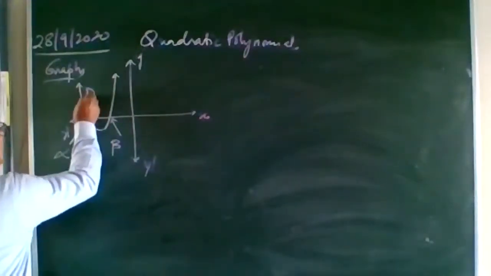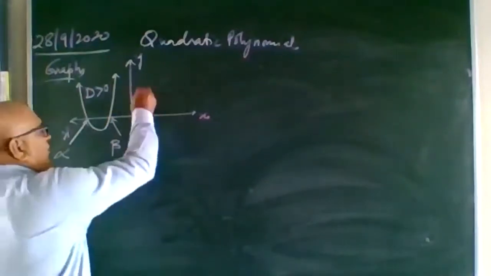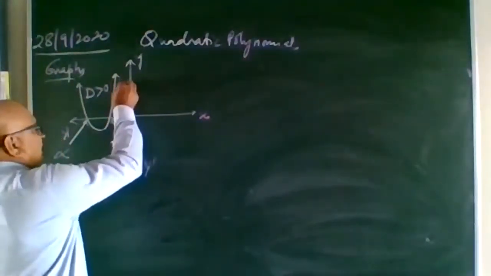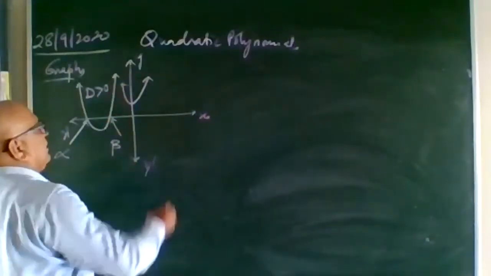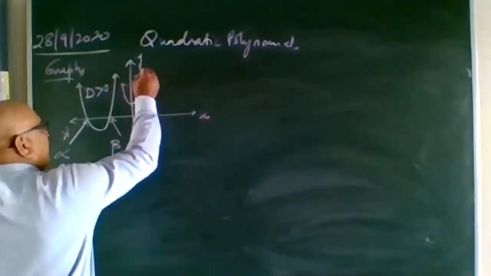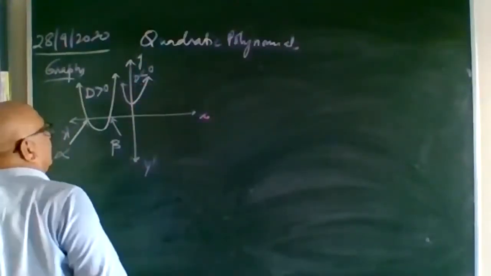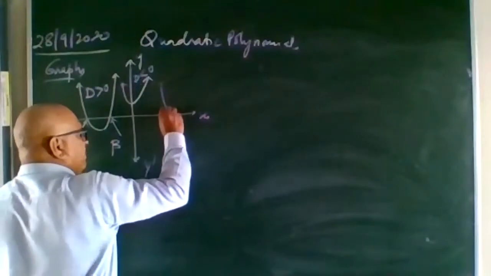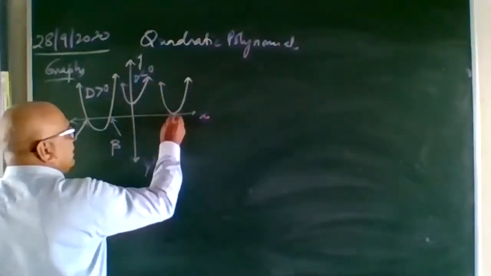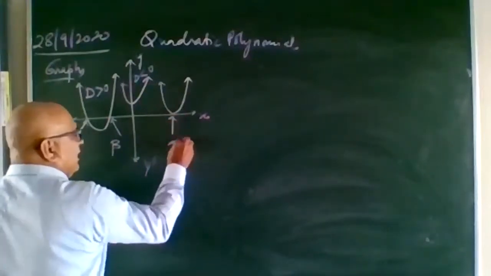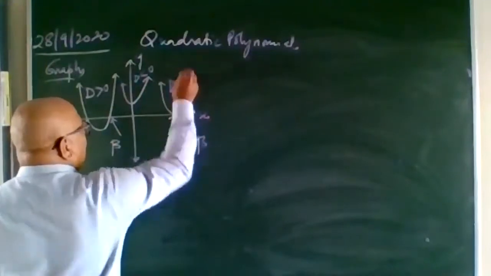D greater than 0. Here D less than 0. Here alpha equal to beta, D equal to 0.